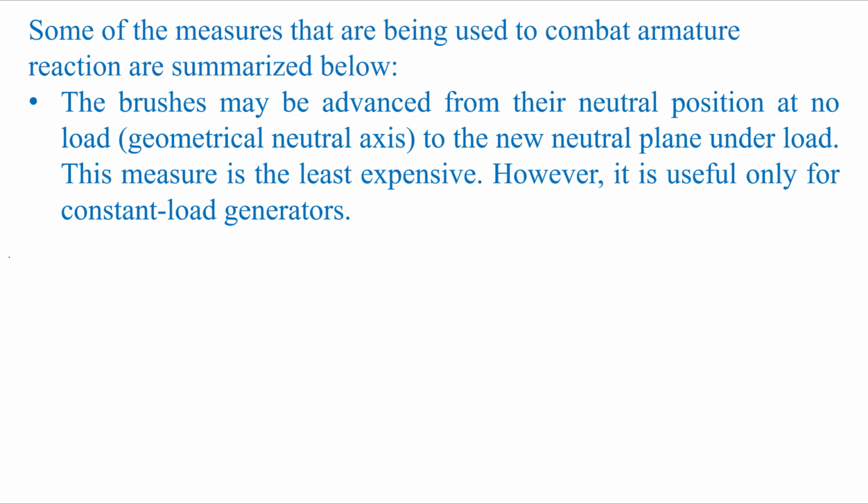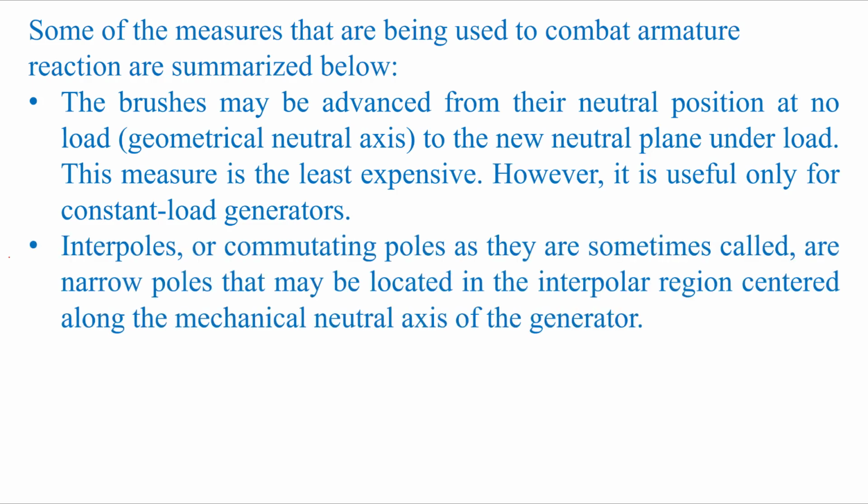So therefore what we need are interpoles or commutating poles, as they are sometimes called, or narrow poles. They are smaller in size and may be located in the interpolar region, centered along the mechanical neutral axis of the generator. So they will be centered around the neutral plane or neutral axis, right?